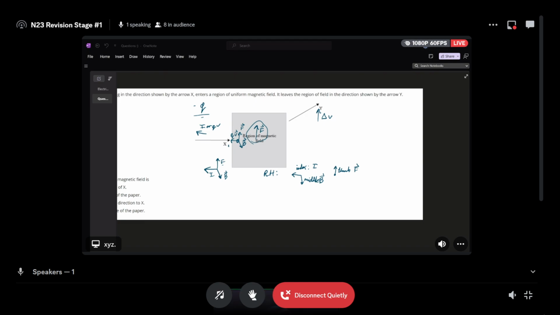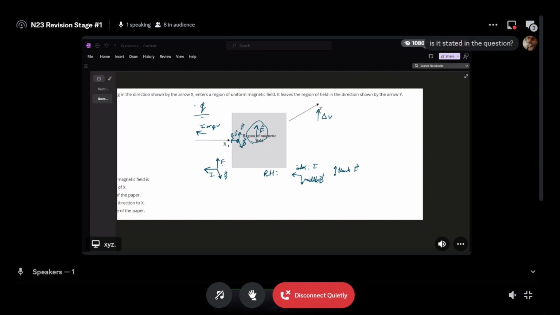This is either topic 5 or topic 11. It comes in both. This is topic 5, I think, still. This is the force experienced on charged particles because of a magnetic field.